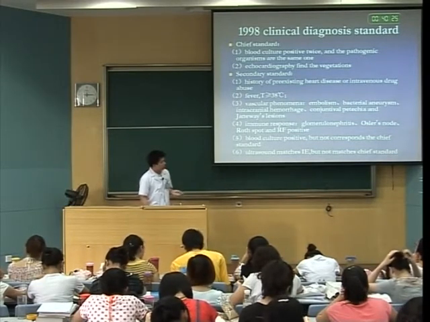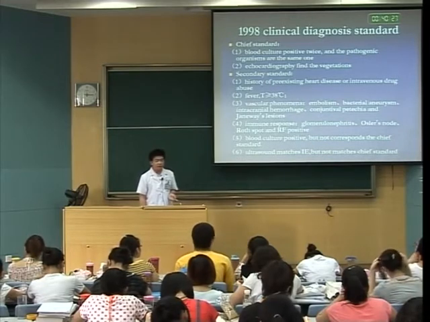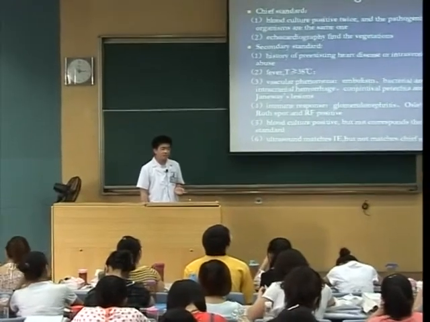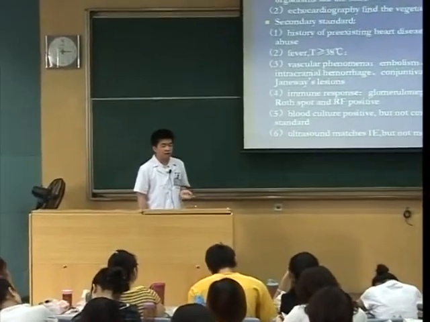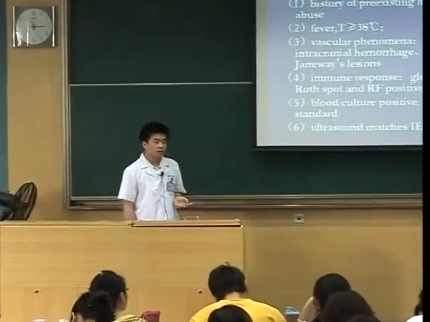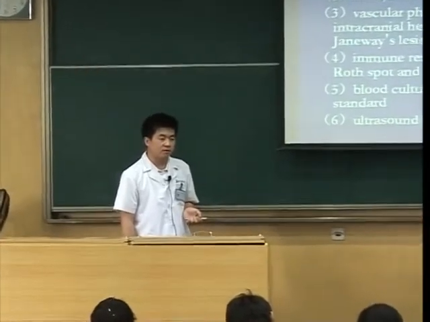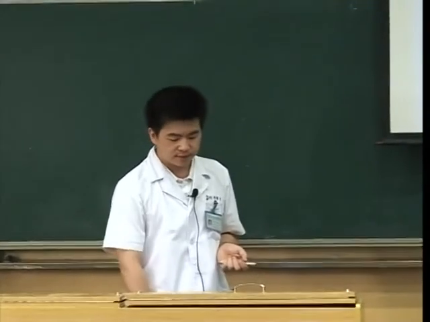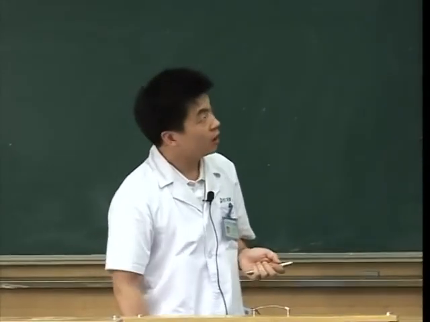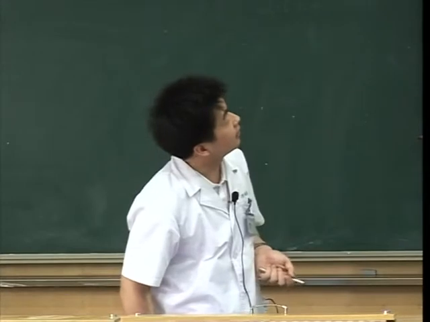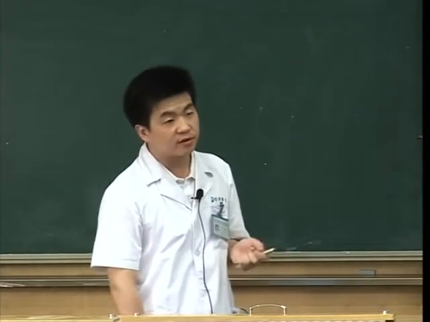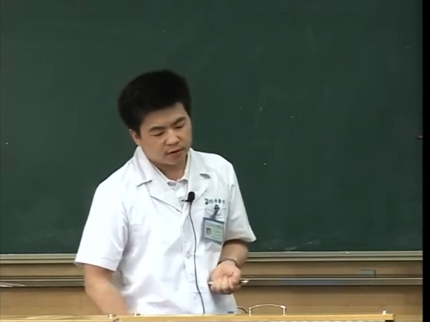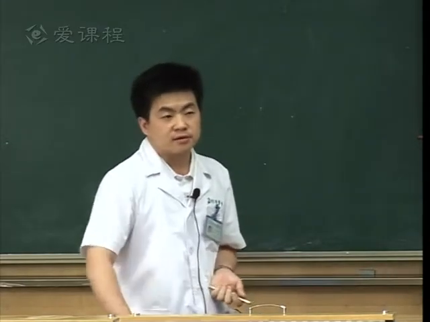That means ultrasound cannot find any excrescency in the valvules, but sometimes the ultrasound can find some incompetence of the valvules or valvular stenosis and so on. All this is the diagnosis standard. We need to remember all of this content. But how to diagnose it?